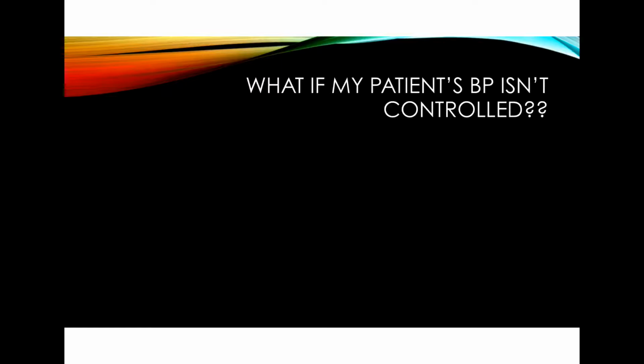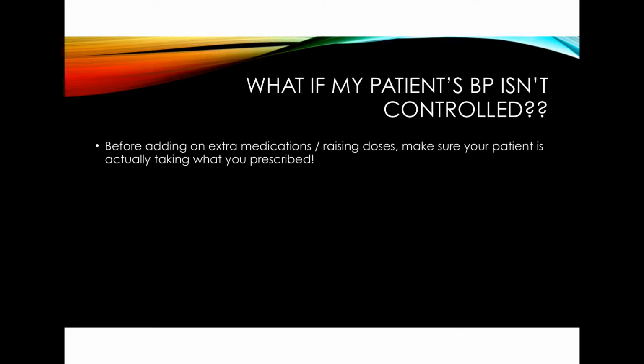Now, controlling a patient's blood pressure is a significant challenge for outpatient medicine. It's important to keep in mind that before you add on a new blood pressure medication to the medications your uncontrolled patient is already on, to confirm that the patient is actually taking the previously prescribed medications.